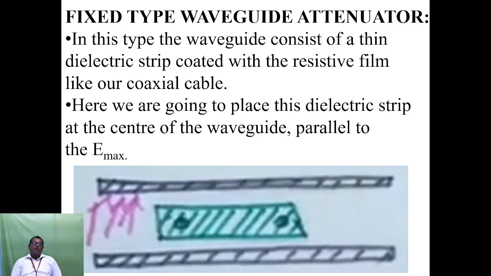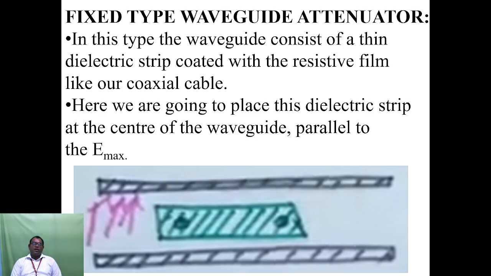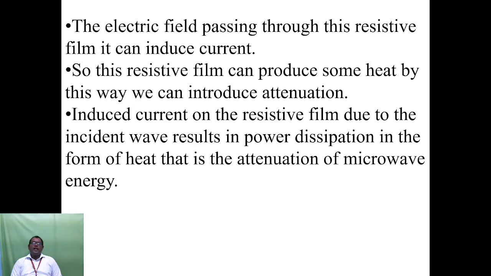So here we are using a fixed type waveguide attenuator, in which the dielectric strip is parallel to the electric field. The electric field passes through this resistive film and induces current.